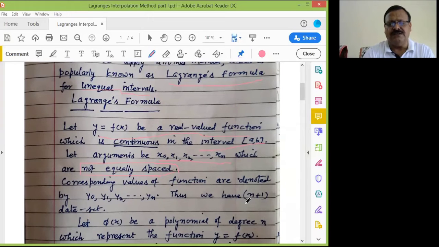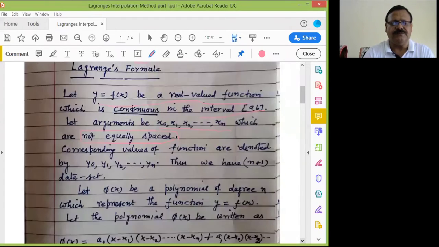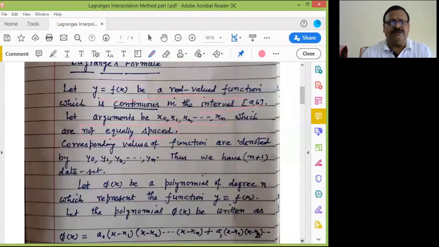Now it is not equally spaced. The corresponding values of the function are denoted as usual y0, y1, y2, and so on up to yn. Thus we have n plus 1 data points as usual. There is no problem here.